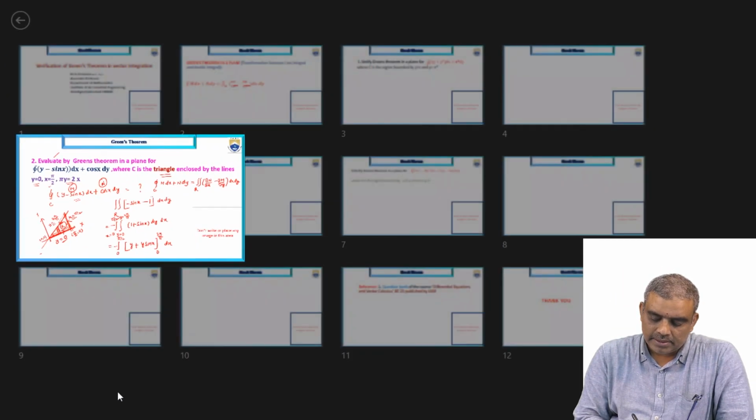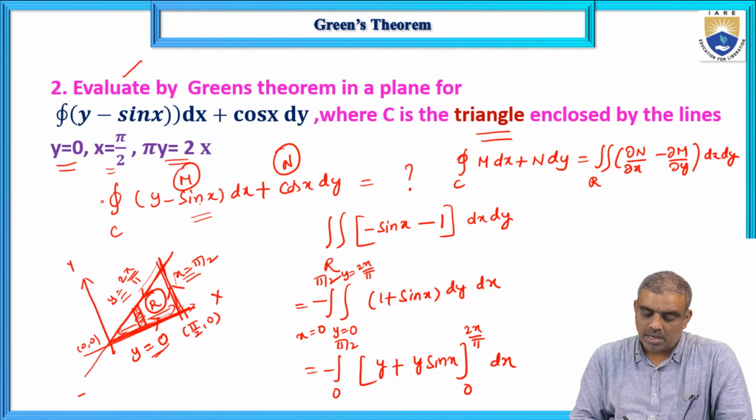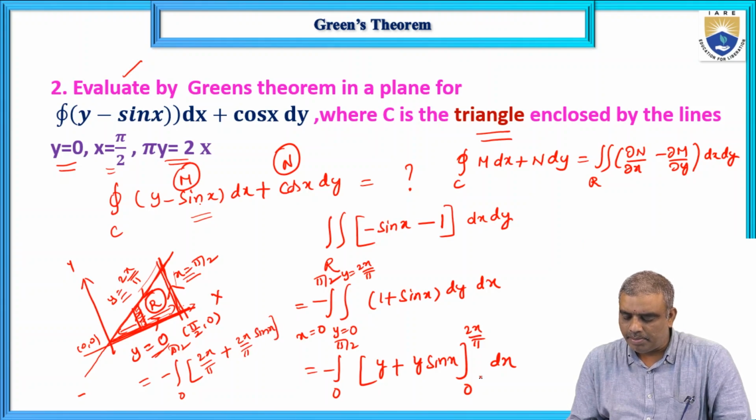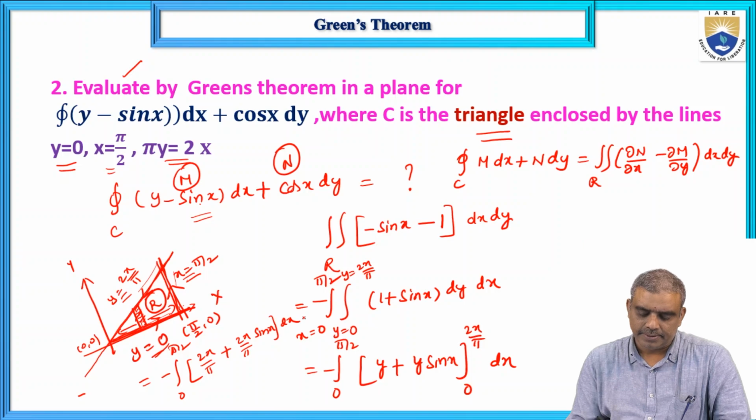On replacing the limits: minus the integral from 0 to pi by 2 of 2x by pi upper limit plus 2x by pi sin x, minus the lower limit y equals 0, dx.